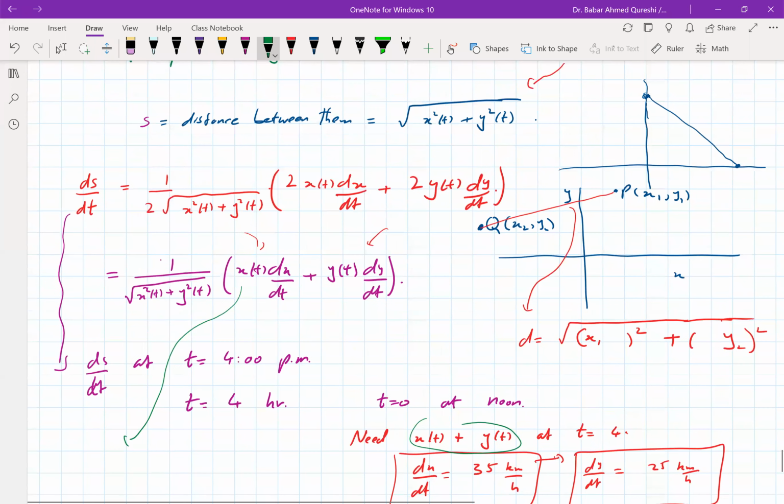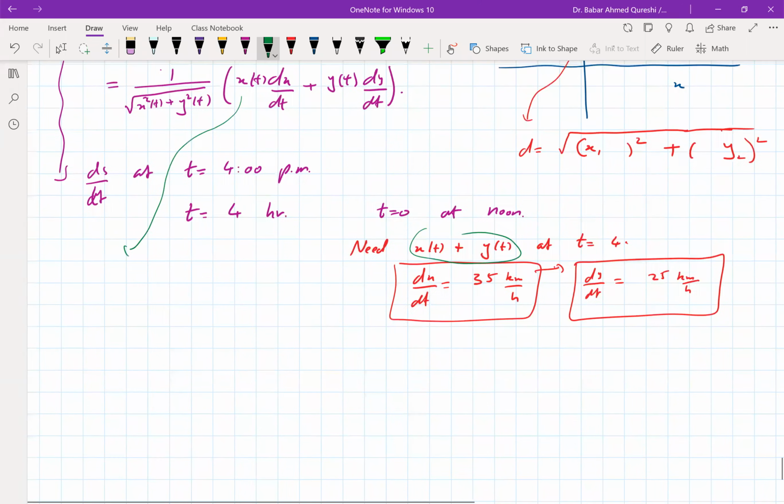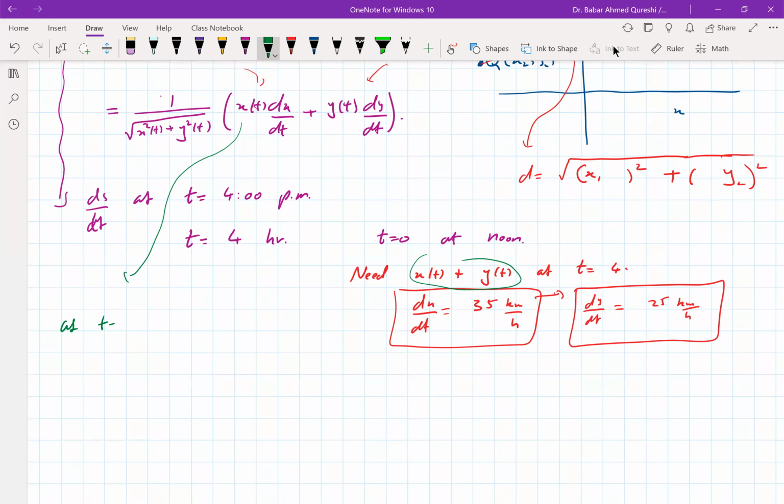Ship B at t is equal to 0 started at minus 150. At t is equal to 0, x of t, which is x of 0, is minus 150 kilometers. So in t is equal to 4, I should get minus 150 kilometers plus, since it covers 35 kilometers in an hour, so it must have covered 140.